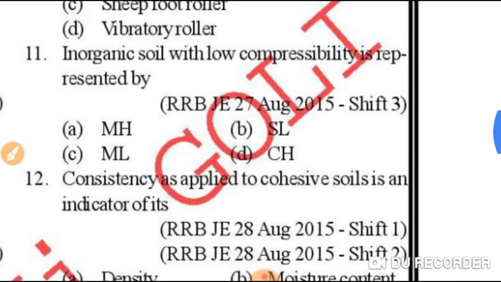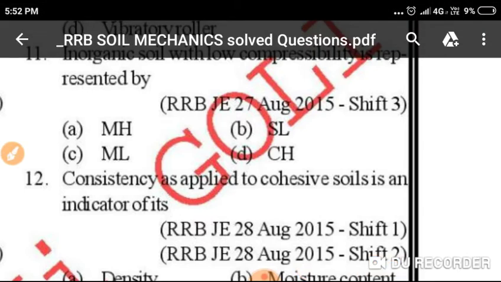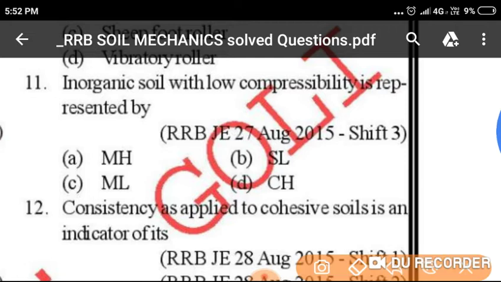Question number 11. Inorganic soil with low compressibility is represented by, okay, soil with low compressibility is option ML. High compressibility is MH.